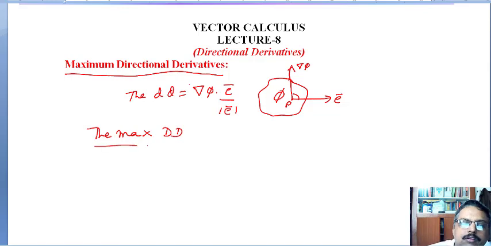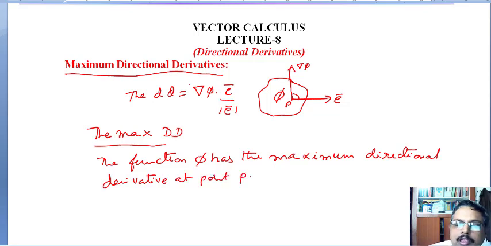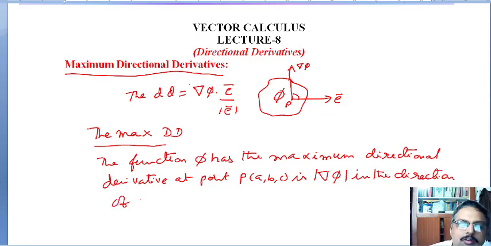The function phi has the maximum directional derivative at the point (a, b, c) simply in the direction of del phi.